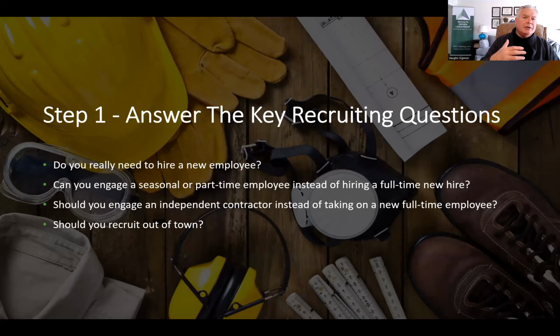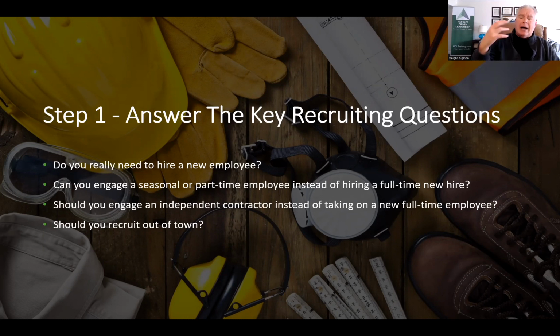Maybe there's a seasonality to your business, and we only need to hire a seasonal temporary person to fill this role. We don't need to make a permanent full-time hire, an FTE, for this. Maybe you can outsource this position for some period of time to an independent contractor.